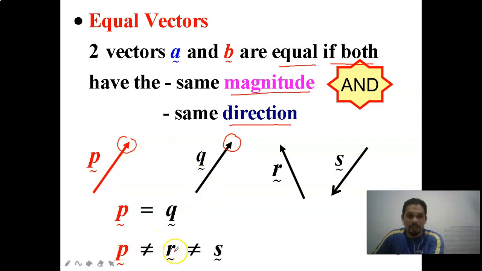But then for P, R, and S, P and R, you can see that the direction goes one way here and another way there, a different direction. P and S might have the same magnitude, but they have a different direction. Okay, you see this triangle. We have a direction here, and one opposite direction of P. So P, R, and S are not equal at all.